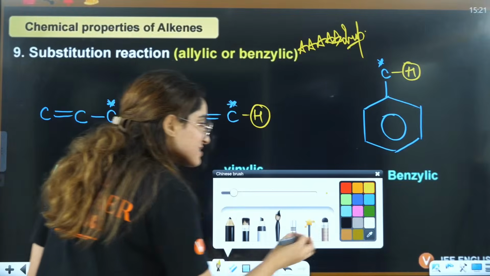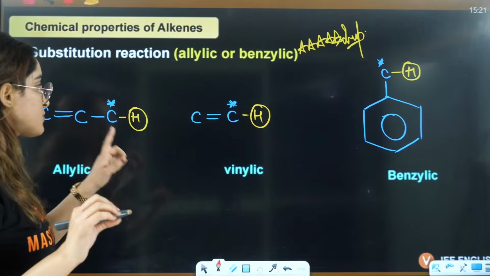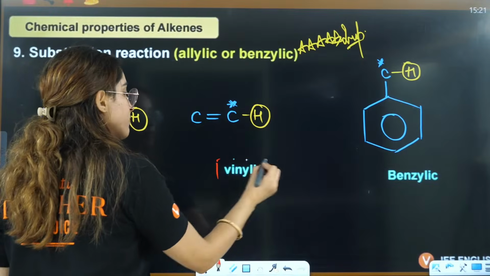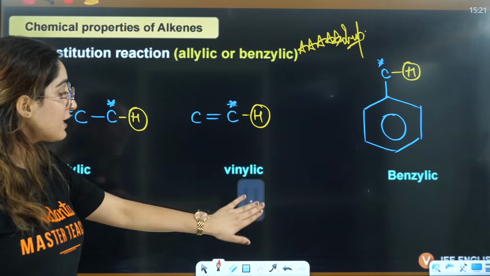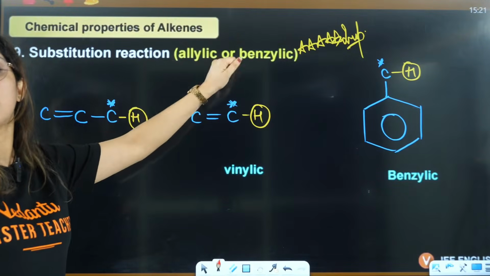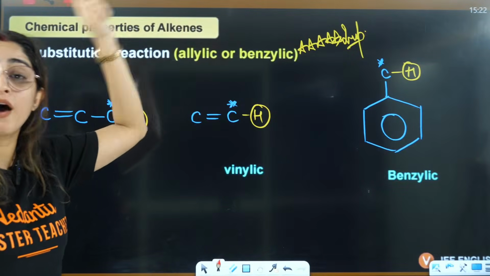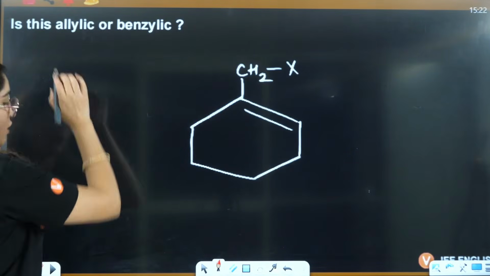So is there any substituent that will specially replace the allylic hydrogen or benzylic hydrogen? Not the vinylic, vinylic is this one, which I just explained.